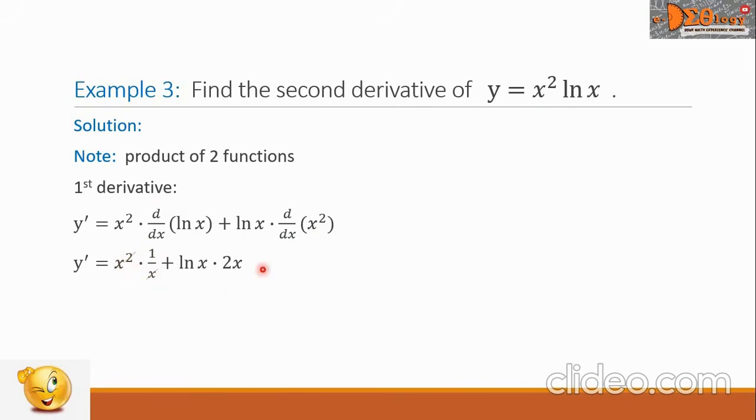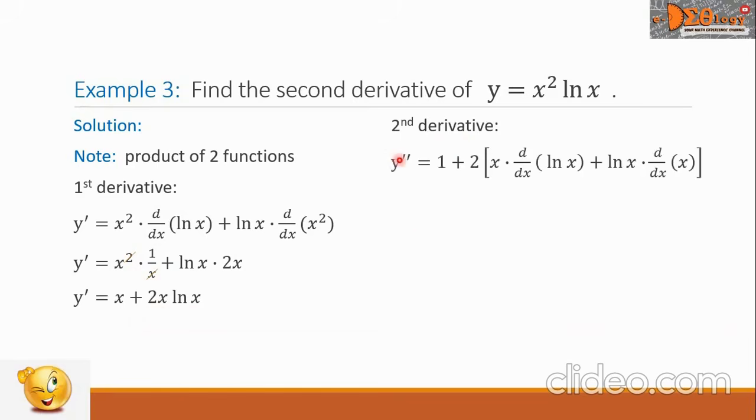So in the next step, we have now the y prime, or the first derivative, equals x plus 2x ln x. Now let us take the second derivative. So we will write y double prime.